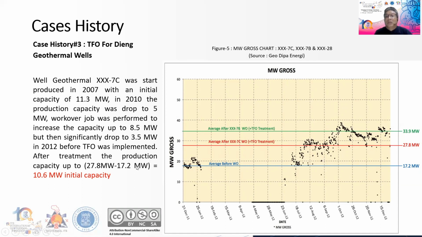Once we also applied this TFO for 7B, the production increased to 33.6 megawatt. This is a very interesting technology that we could apply more in Indonesia for geothermal application.